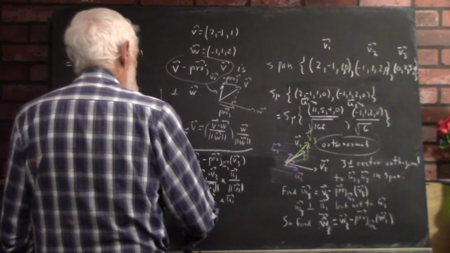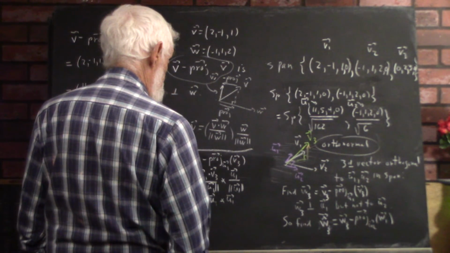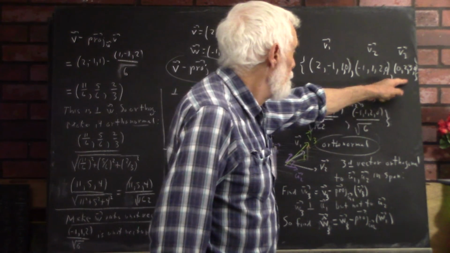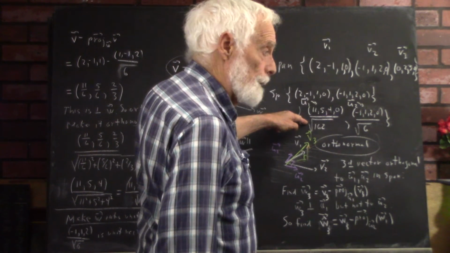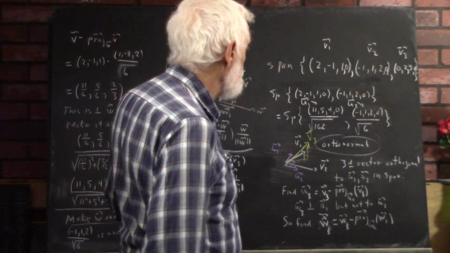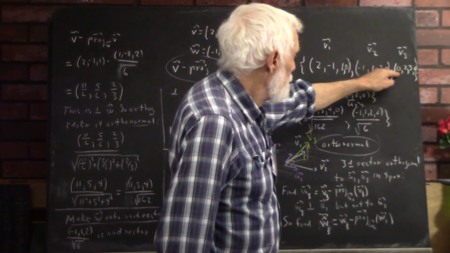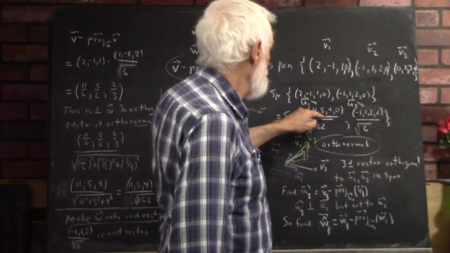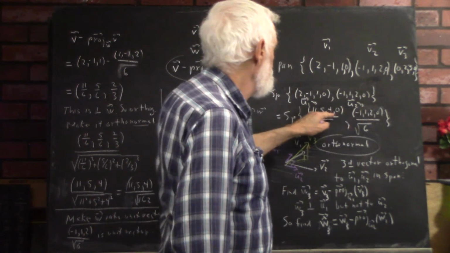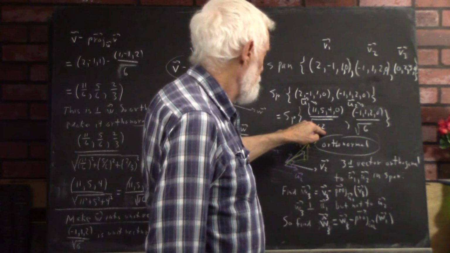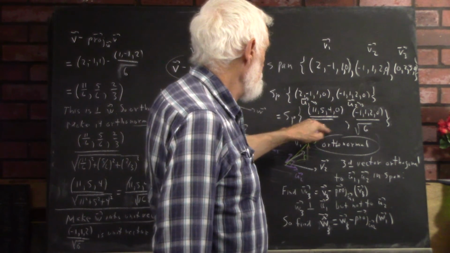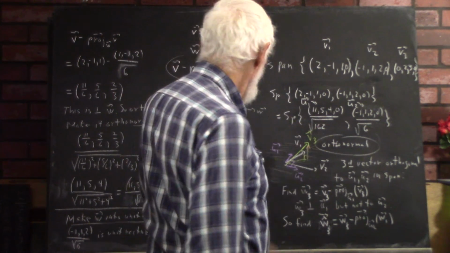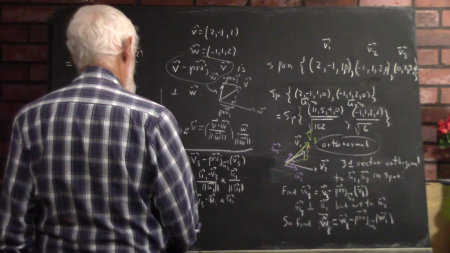Well, V3 dot U1 is, we do the dot product, V3 dotted with U1. I'm not going to write it all out, just going to point. We're going to have 0 times 11, 2 times 5, 3 times 4, all divided by the square root of 162. Well, 2 times 5 is 10, 3 times 4 is 12, that's 22 divided by the square root of 162.